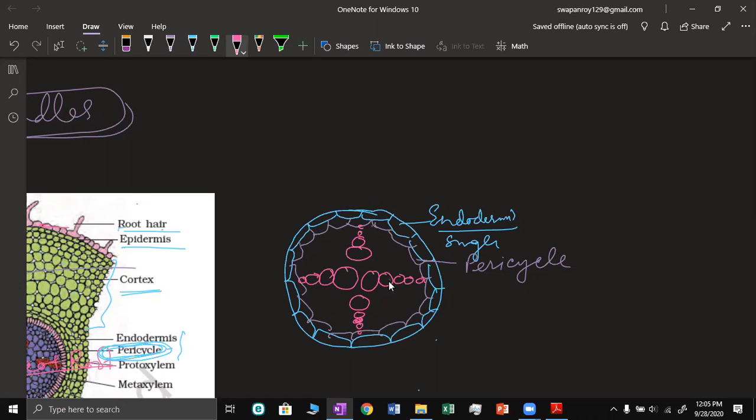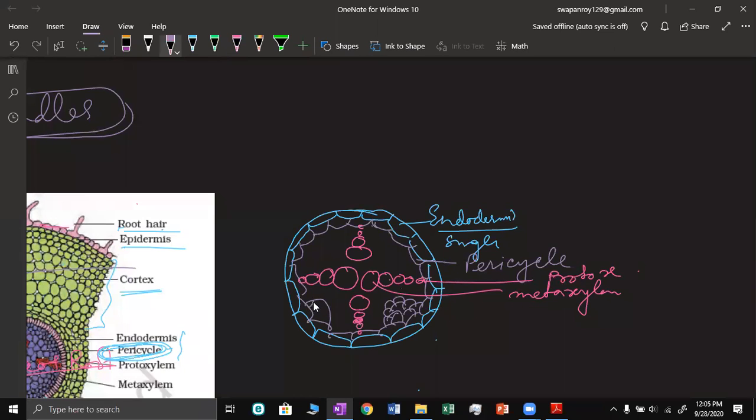This is xylem, metaxylem, and on the outer side is protoxylem, and in between there are some cells like this.